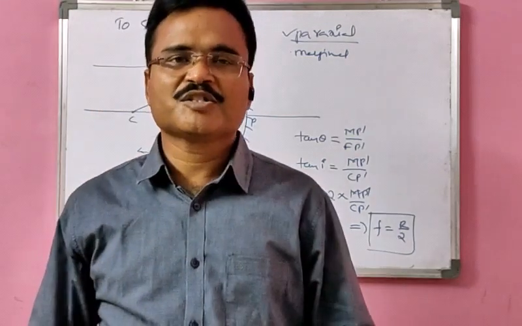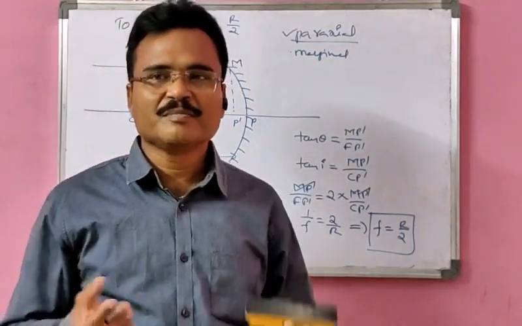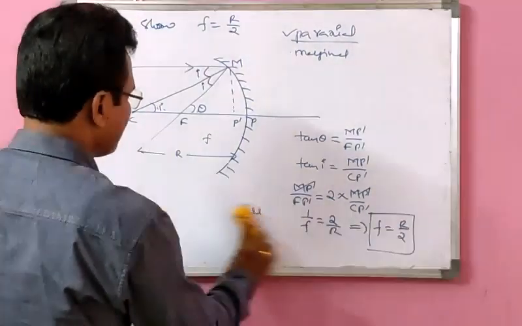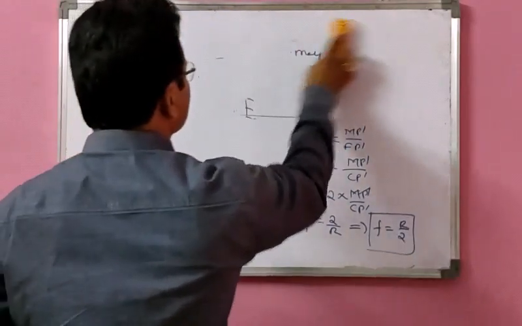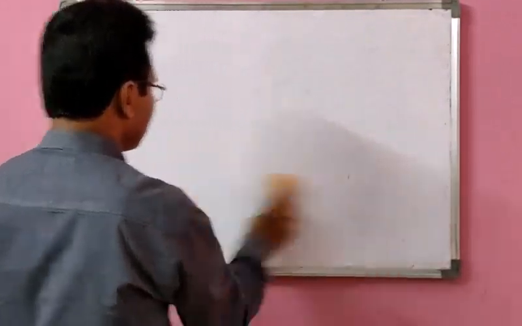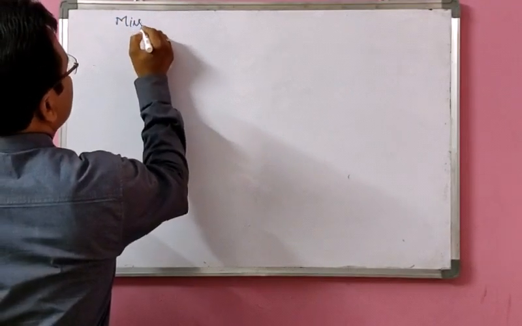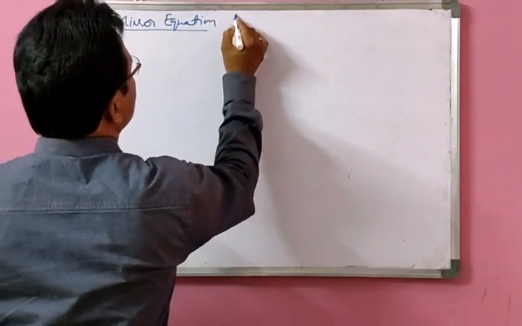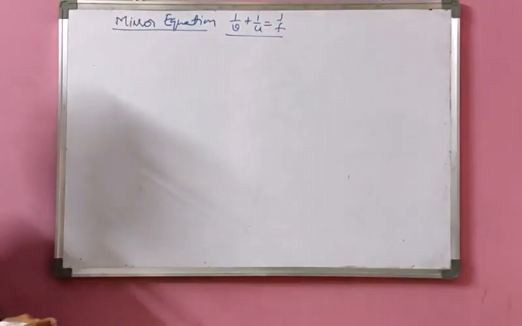Though in an intermediate textbook the derivation was somewhat tricky, here we are going to take it up in a simple way to understand. 1 by v plus 1 by u equals 1 by f.